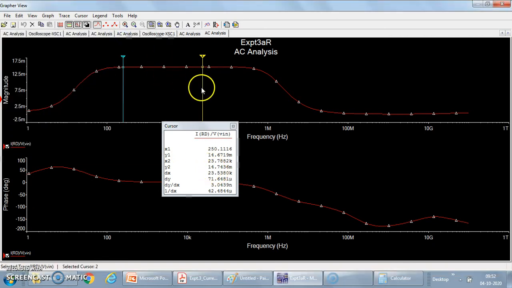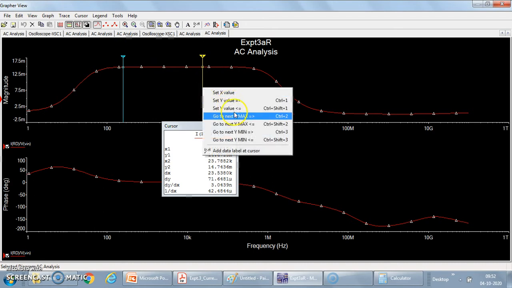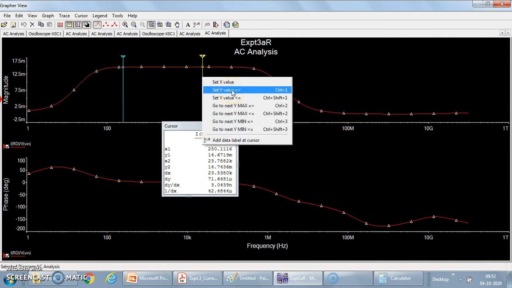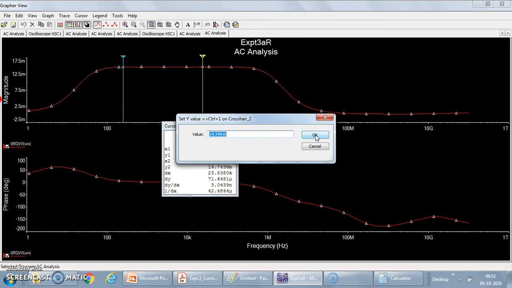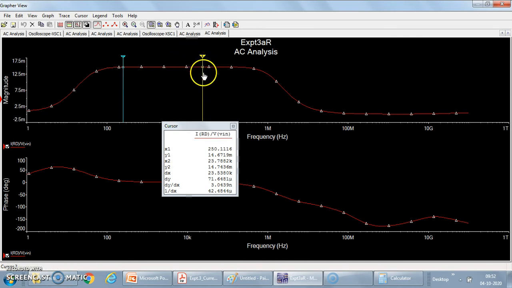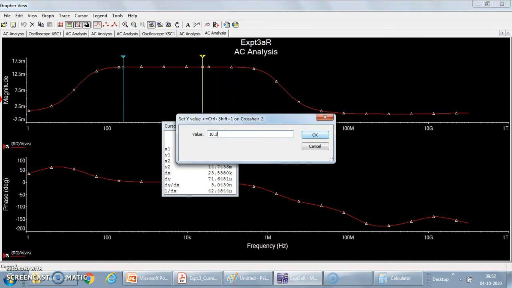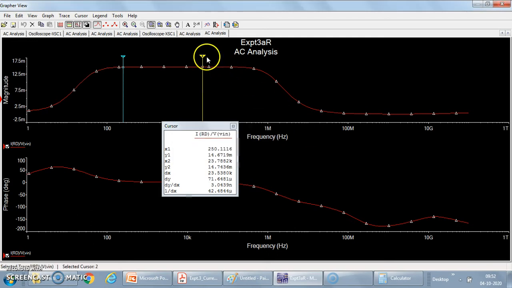So let us move this cursor to the 10.37 value. Set the y value 10.37. Oh, it's not moving, so I will do it manually. I need to check the value of y2, 10.37 approximately.